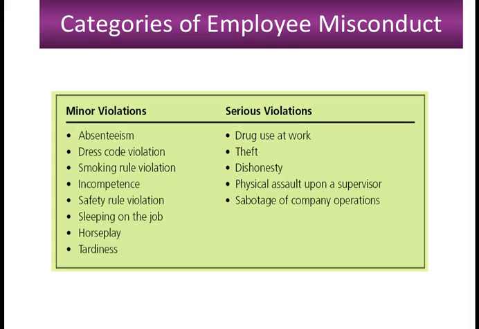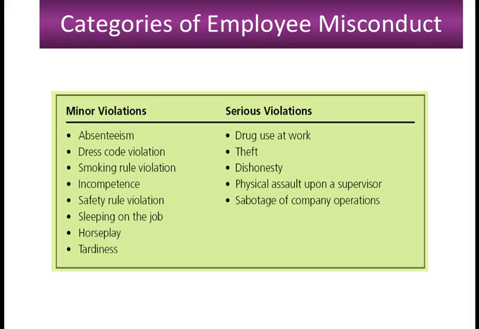I probably would disagree with the slide that says the safety rule violation is a minor issue. I think they can be a major serious issue, and certainly if we're telling people or encouraging people to not work safely, as we know, this could be a liability issue for the organization. So I would agree with this list, except that I would put the safety rule violation under the category of something more serious, because we really do want to make sure that our employees are working as safely as possible.